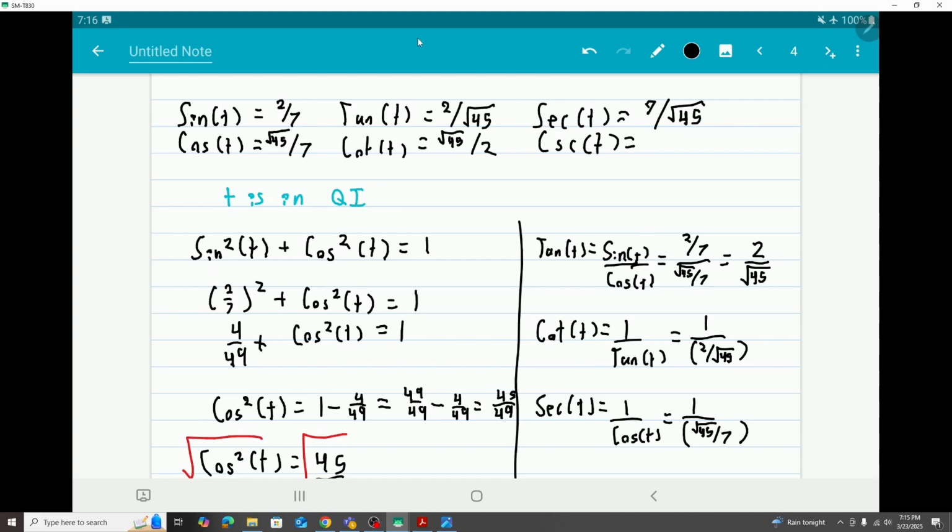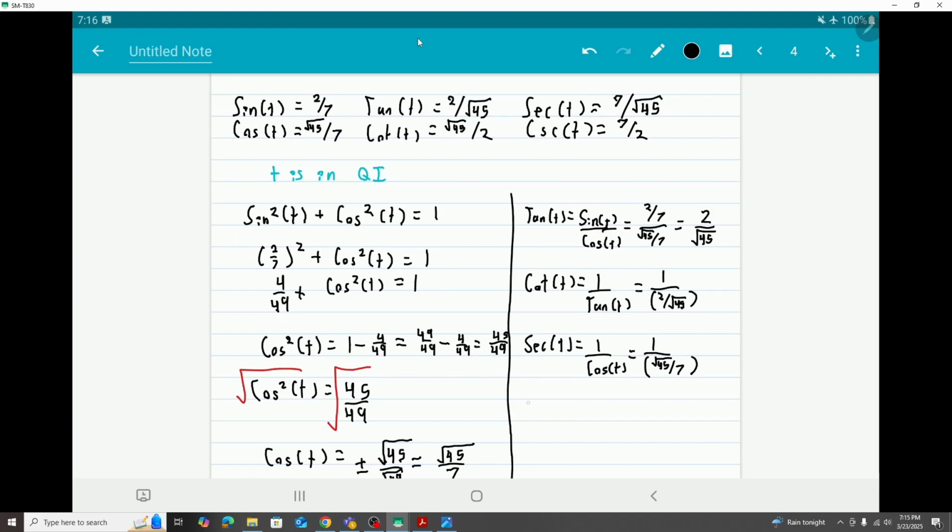And then for cosecant, you do something similar with sine. We're going to get 7 over 2. And the reason for that is because cosecant of t is 1 over sine of t is 1 over 2/7. And so I would just flip that fraction that's down there in the bottom. And that's how I get that.